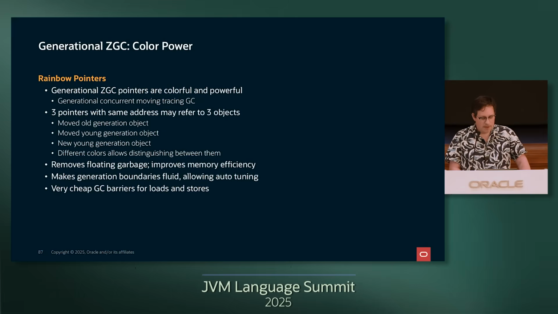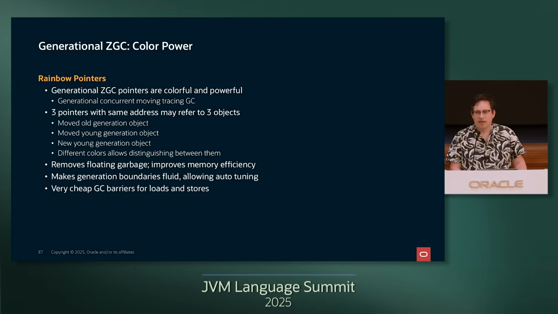And yeah, it's pretty cool. With generational ZGC, you can have not 2 different bit patterns of pointers with the same address refer to different objects, but up to 3. So you can have a colored pointer pointing at an old object that moved, a colored pointer pointing at a young object that moved, and a new object, all sharing the same address, but referring to 3 completely different objects.